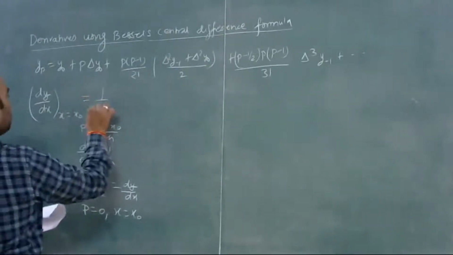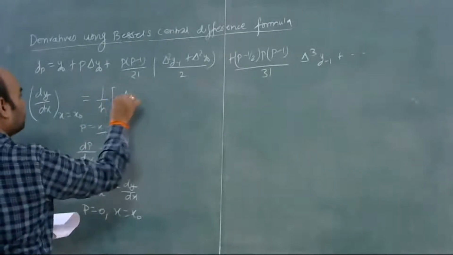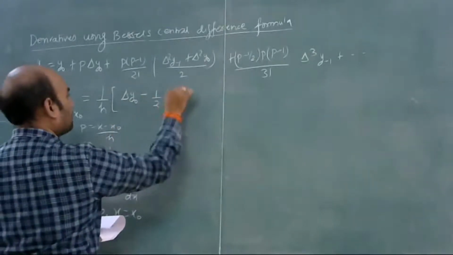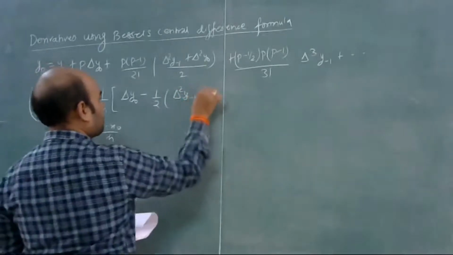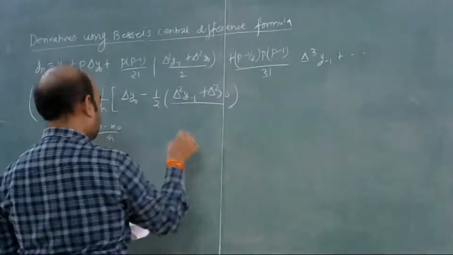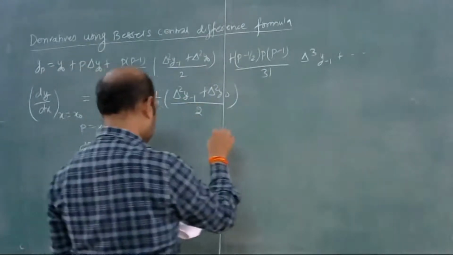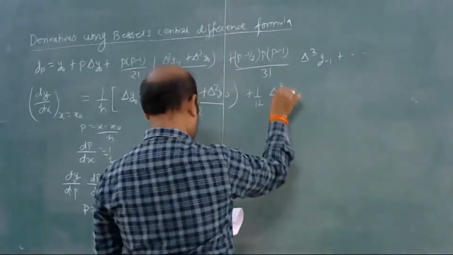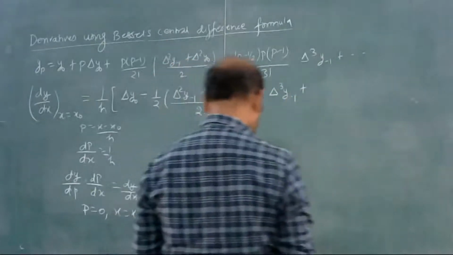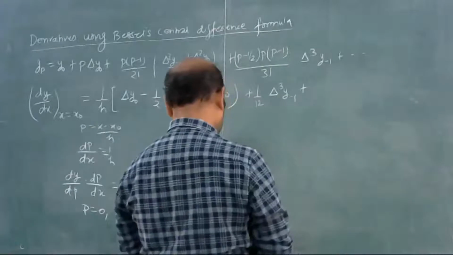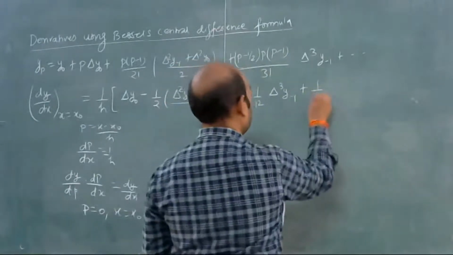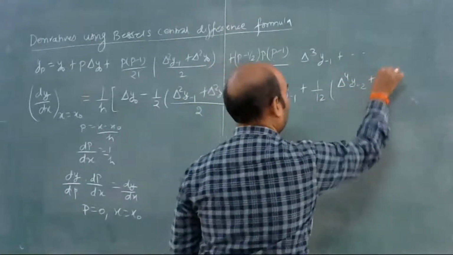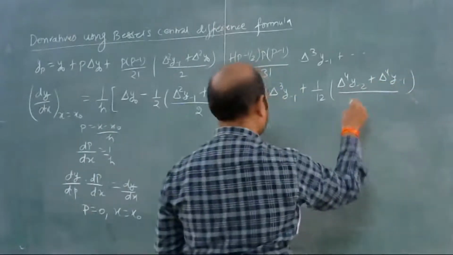1 upon h into del y naught minus 1 upon 2 into del square y minus 1 plus del square y naught divided by 2, plus 1 upon 12 del cube y minus 1, plus 1 upon 12 into del to the power 4 y minus 2 plus del to the power 4 y minus 1 divided by 2.